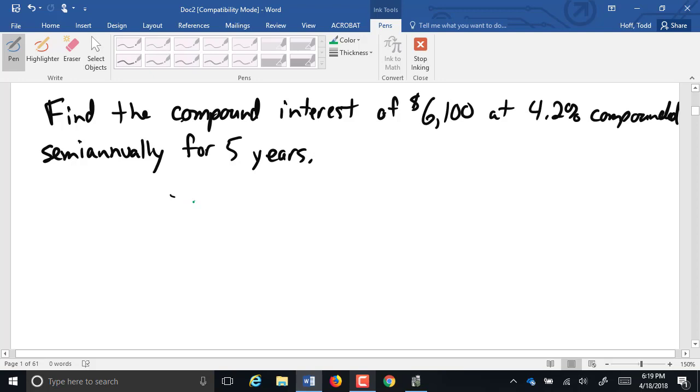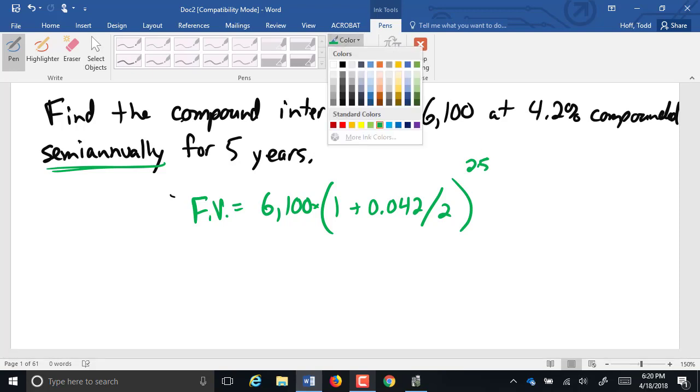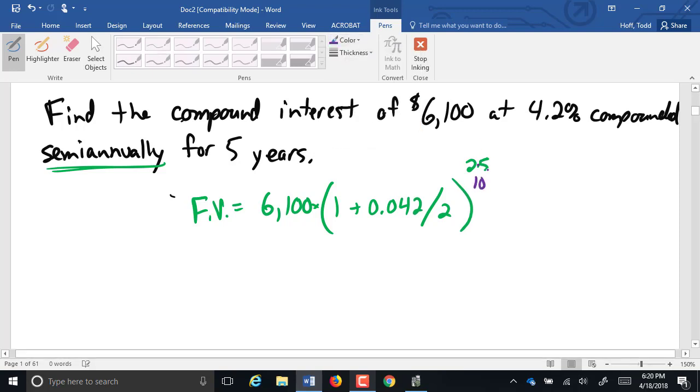So we start out by finding the future value, which will be the $6,100 times, parentheses, 1 plus 4.2% becomes 0.042 divided by, semi-annually means twice a year. So divide by 2. You're thinking bi-monthly. The power of 2 times 5, which is 10.